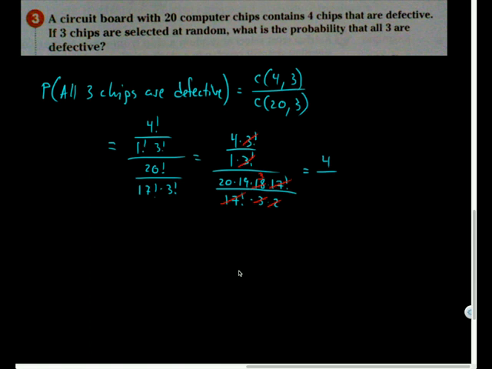What's 60 times 19? I'll reach for a calculator for this one. 1140. And yeah, those are both divisible at least by 2. And actually, they reduce all the way. 4 divided by 4 is 1. 1140 divided by 4 is 285.